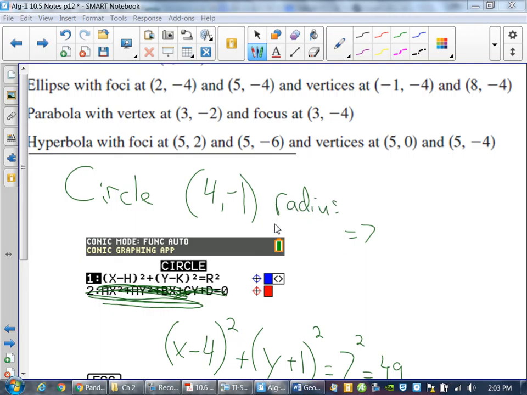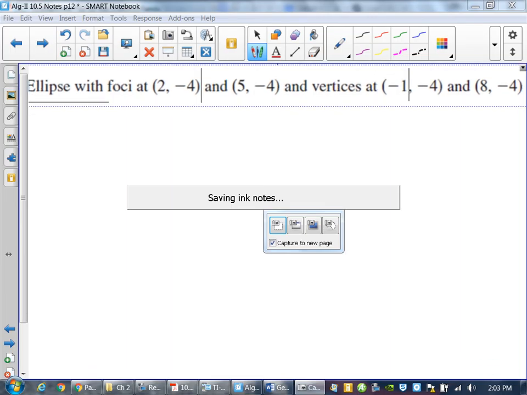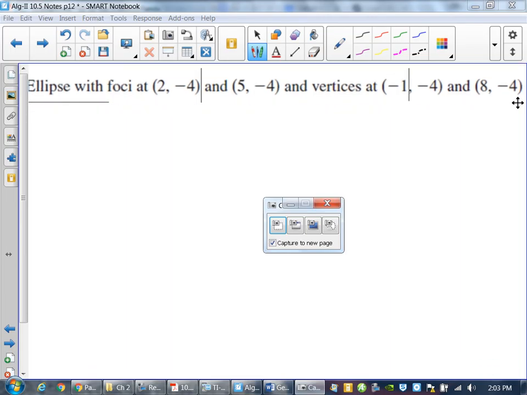Technically, you don't really need to know if it's an ellipse or a hyperbola, because when you get these problems, the first thing I want you to do is draw a rough sketch. That helps you figure out what the shape is going to be, and it tells you what direction it's being moved. It's very visual.